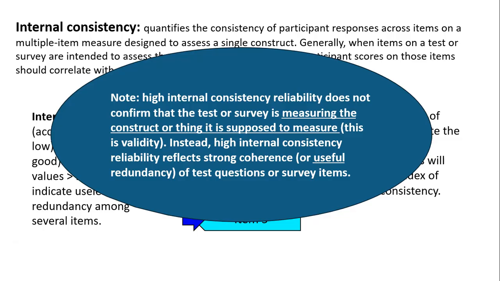So there needs to be some redundancy amongst the items, but not so much that each item or several pairs of items, for example, are essentially asking exactly the same thing. This is internal consistency reliability.